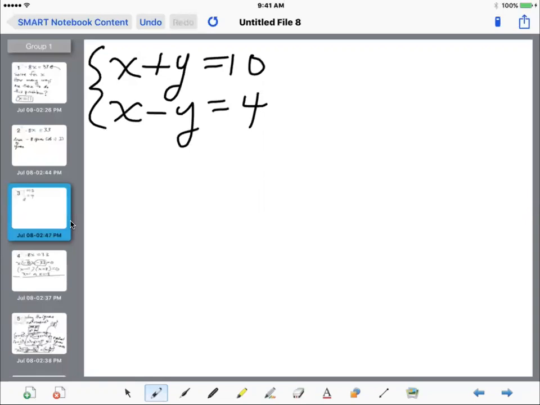Now I have a so-called system of equations. And you could do this various ways, even by just playing around with the numbers in your head. What's the value of x and y that make these equations both true at the same time?